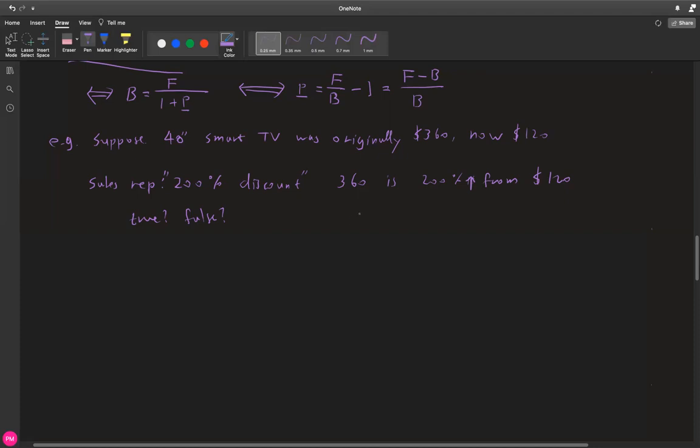In this case, if you use this formula, the percentage increase is the final value minus the baseline over the baseline, and 360 minus 120 divided by 120 is in fact 2. So that's actually a 200% increase.